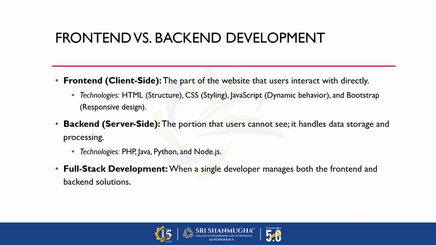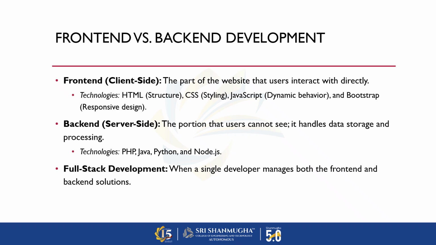HTML provides the structure for any web page, and CSS gives the colors, coloring, and other styling features. JavaScript takes care of whatever actions you do on any web browser, and this provides a dynamic behavior. Bootstrap gives a responsive design.